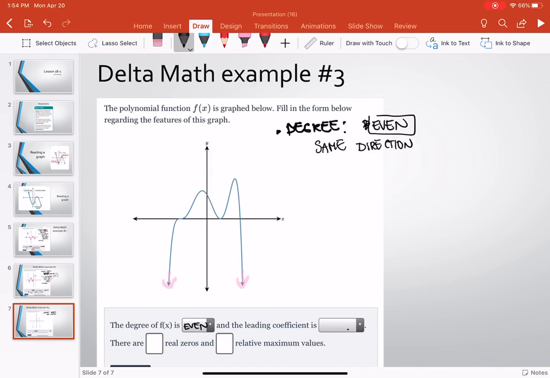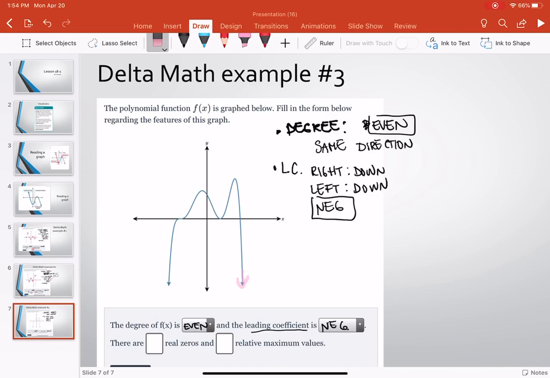Okay, next is the leading coefficient. Is it going to be negative or positive? So our leading coefficient is, so right side points down, left side points down. So this one would be a negative leading coefficient.